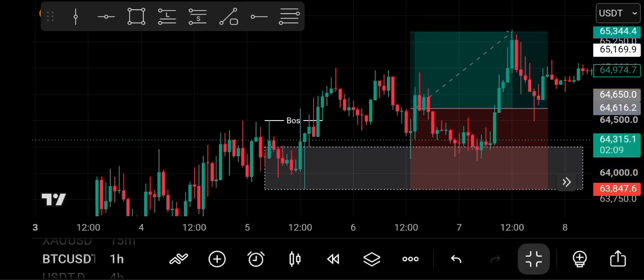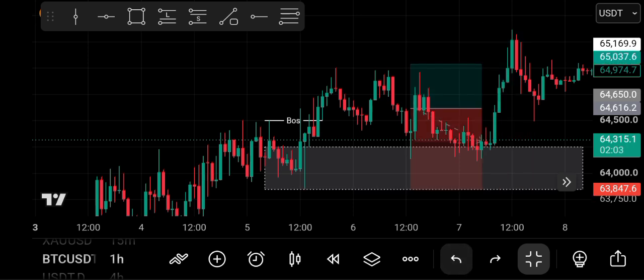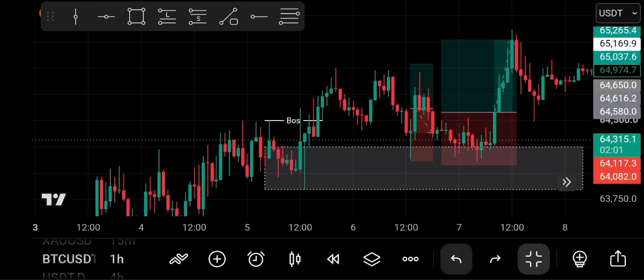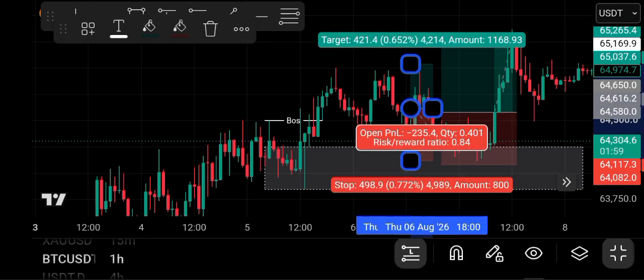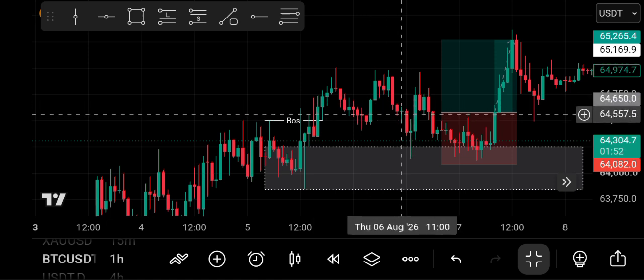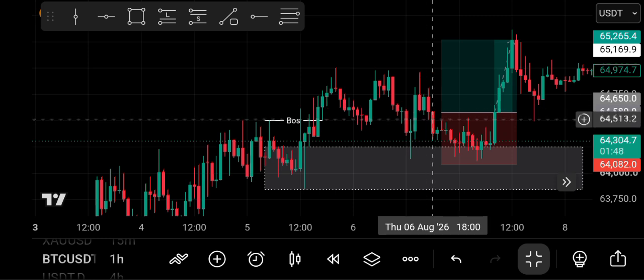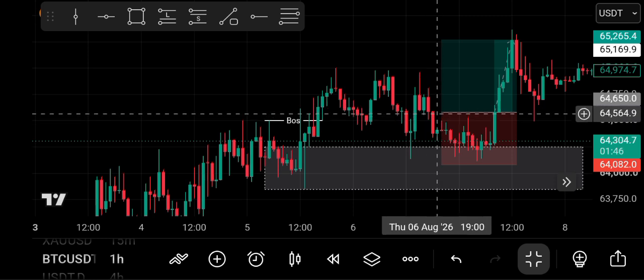Okay, let me go back to show you the trade I entered and what I saw. This is my own trade I entered. What did I see before I entered this trade? Initially I was supposed to enter here at this close of candle, but as price came down, I was able to see a more valid entry. Just so that I won't miss the position, I entered around there.